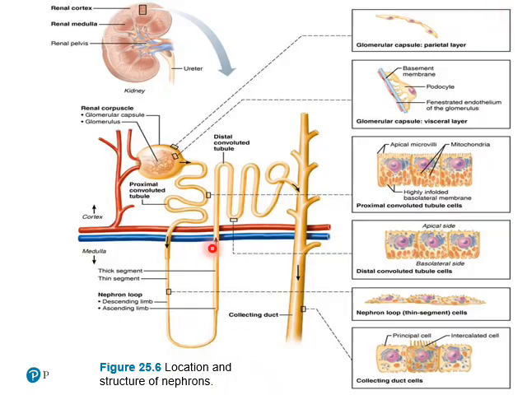The tubule itself has three major parts. You have the proximal convoluted tubule. It is called proximal because it's the closest to the capsule itself. Then you have the nephron loop, which was actually called the loop of Henle.